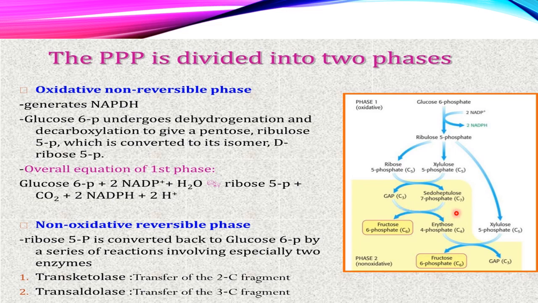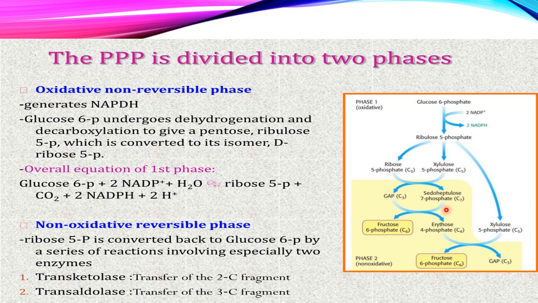Now what happens is that this intermediate is getting converted into both fructose and erythrose. And how is this happening? This is happening when a C3 carbon fragment is removed by the enzyme transaldolase.